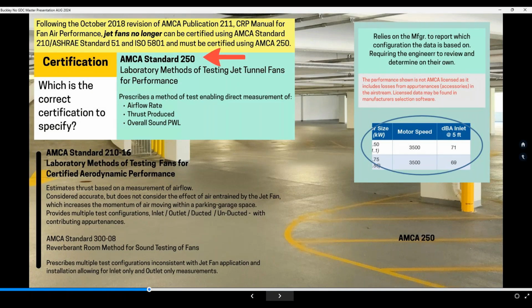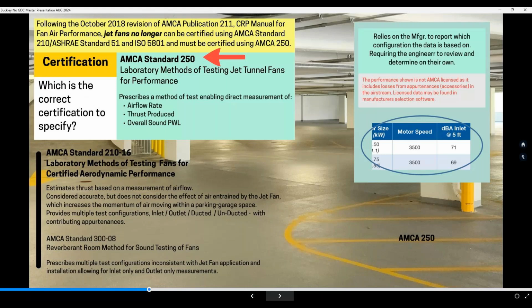So that is why AMCA moved forward, following their revision to the 2018 Certified Ratings Program, by introducing AMCA 250. They said that they will no longer certify jet fans under AMCA 210.